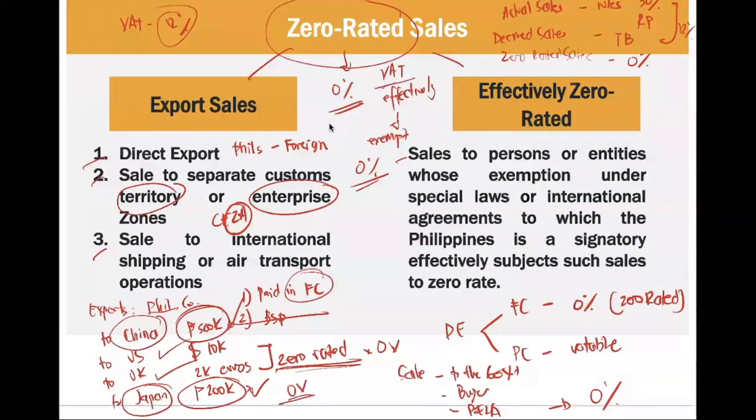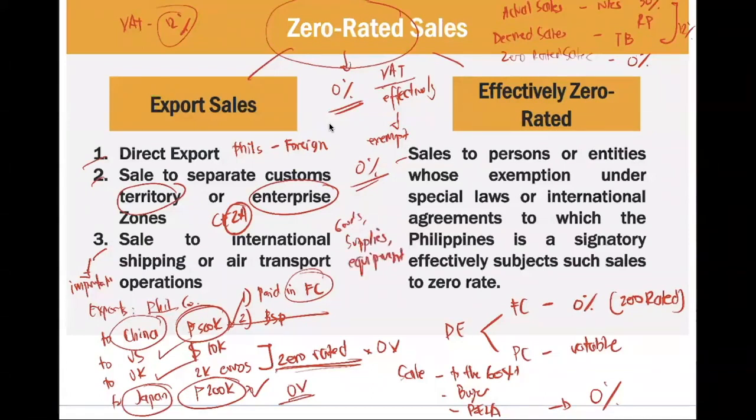Next, sale to international shipping or air transport operations. If you still remember, we have a particular exemption as to this international shipping or air transport operations. What is that exemption? The exemption here before is the importation, if you still remember. However, what is subject now to zero rating here is the sale. What is sold again here? The goods, supplies, equipment, and fuel.